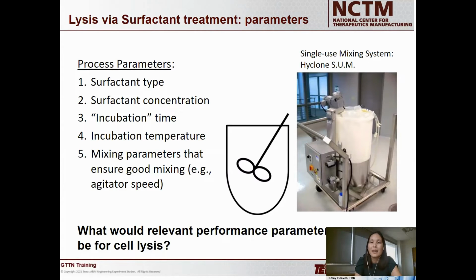So you can mix the surfactant with your material in a single-use mixer or even within your bioreactor, if it's a single-use bioreactor, as long as you can make sure that those mixing conditions are sufficient. And then you can go ahead and really implement this in a single-use process train.